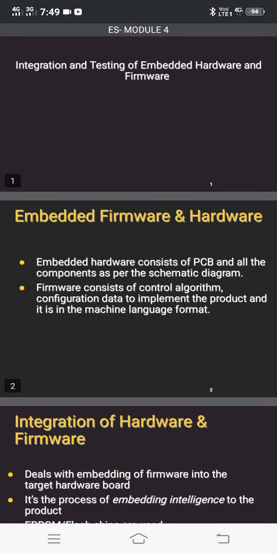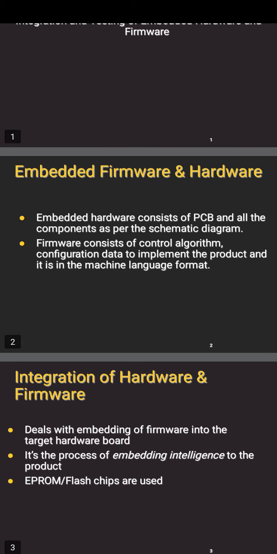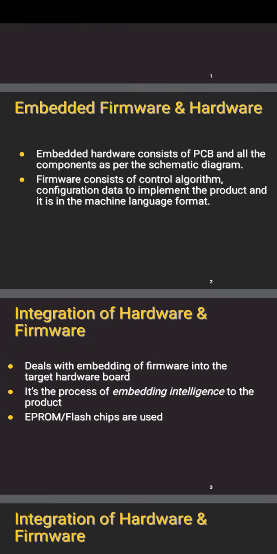it will work. So before integrating the hardware and the firmware, both the hardware and the firmware are unit tested with the help of any simulators or IDE. After successful unit testing only they are integrated. So at the time of integrating, there are conditions that our embedded product may or may not contain an operating system.